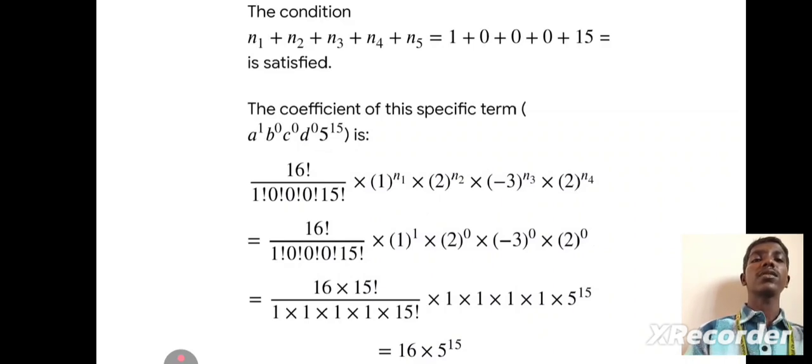The condition n1 + n2 + n3 + n4 + n5 equals 1 + 0 + 0 + 0 + 15 equals 16 is satisfied.